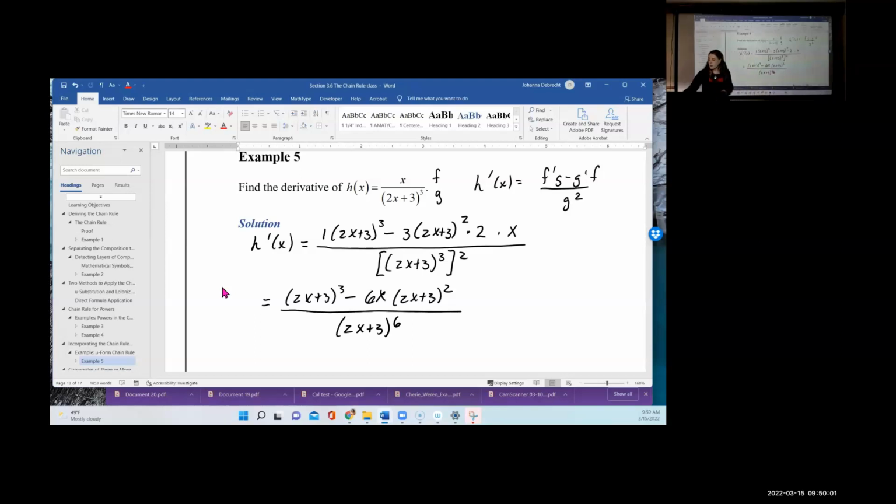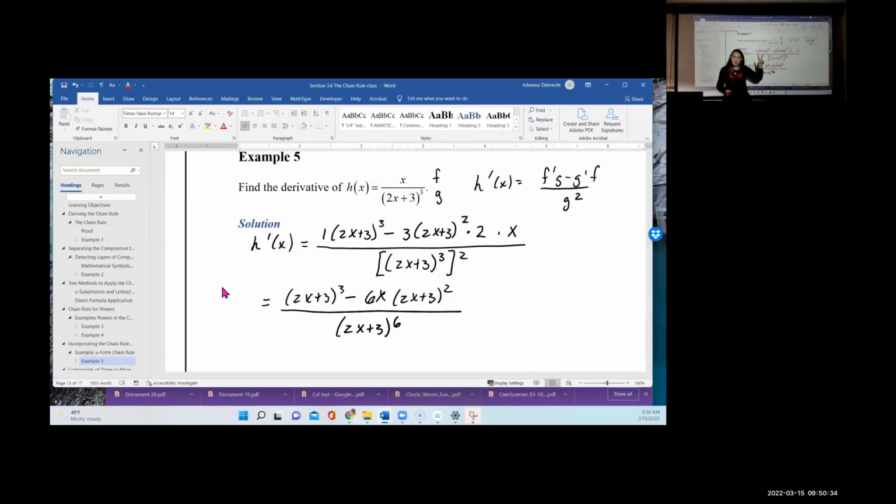Now, WebWork will probably expect you to reduce this a little bit. So what you're looking for is a common factor. The only factor you have in the denominator is the inside function 2x + 3. Notice that it is a common factor of the terms in the numerator. You have two terms in the numerator, the quantity cubed, and the second one, negative 6x times the quantity squared.